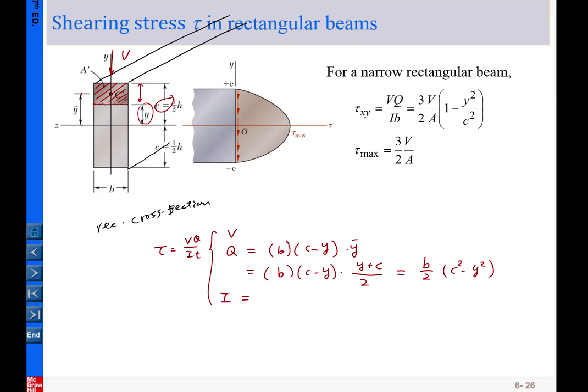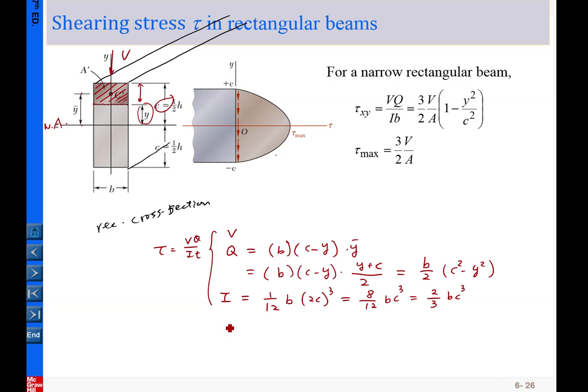And I is the moment of inertia of the entire cross section with respect to the neutral axis, the z axis. So that is 1/12 times b times the dimension 2c cubed. Let me simplify: that is 8/12 bc cubed, so that is 2/3 bc cubed.